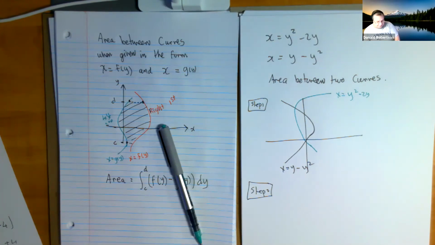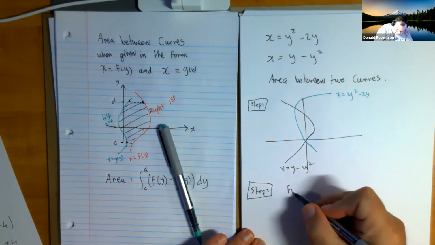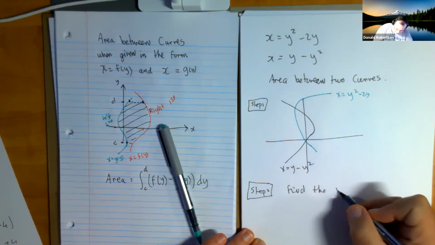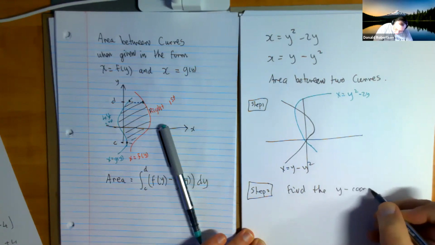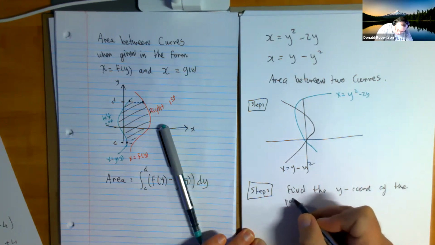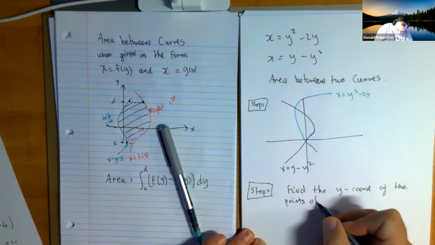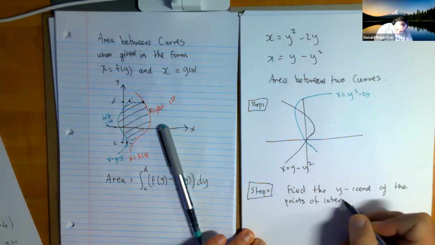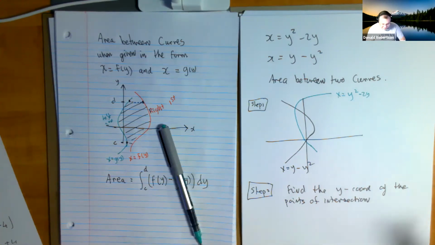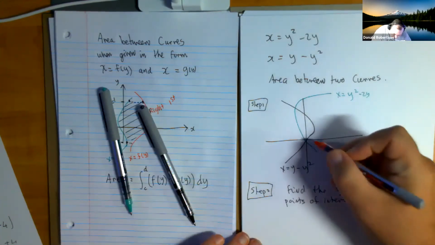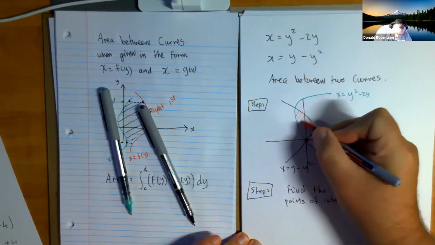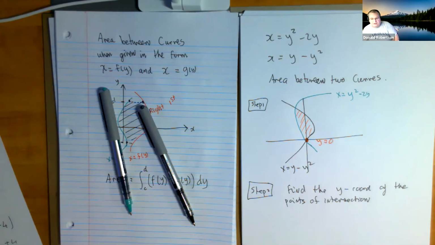Step 2. Find not the x coordinates, but find the y coordinates of the points of intersection. Now, if you're really lucky, one of them, oh, by the way, the guy that we're trying to find the area of is this thing, right?